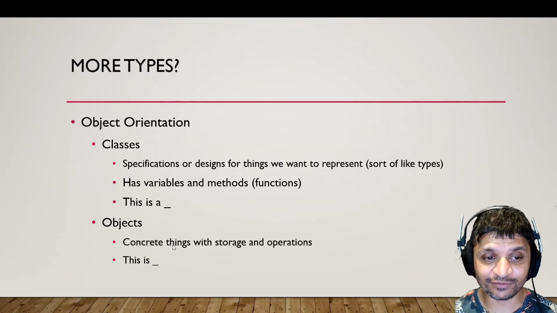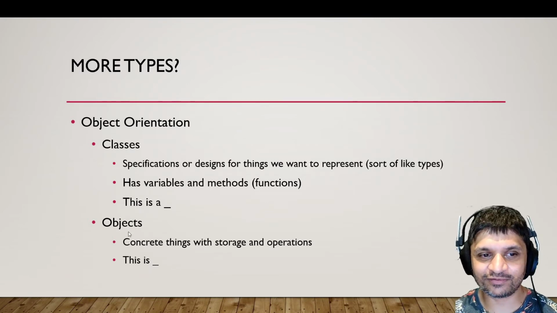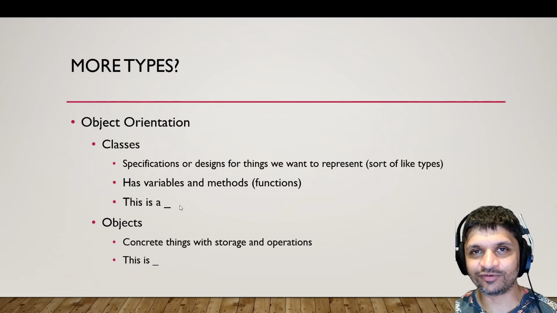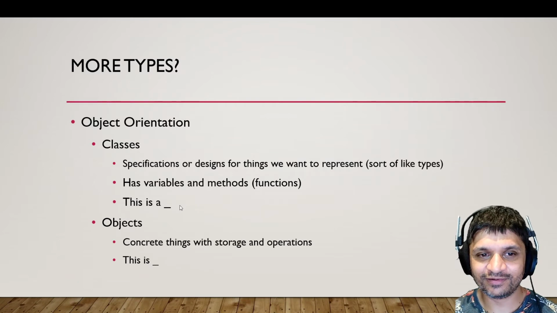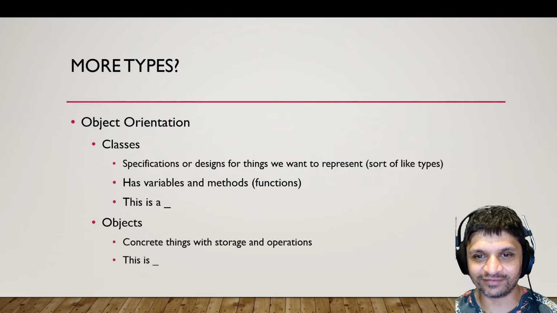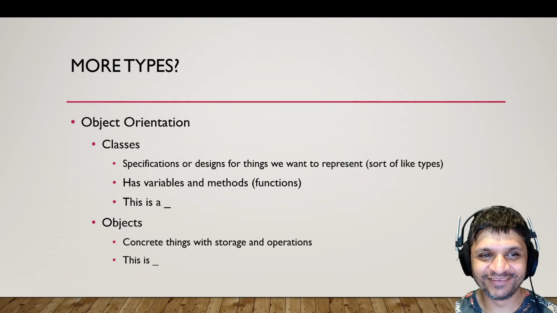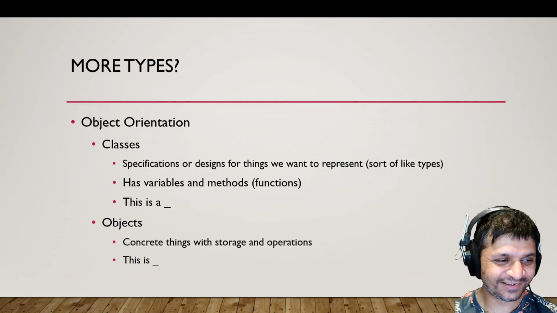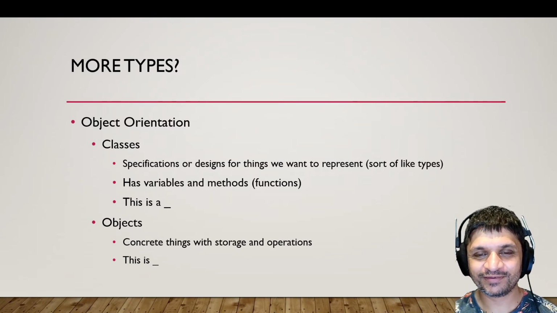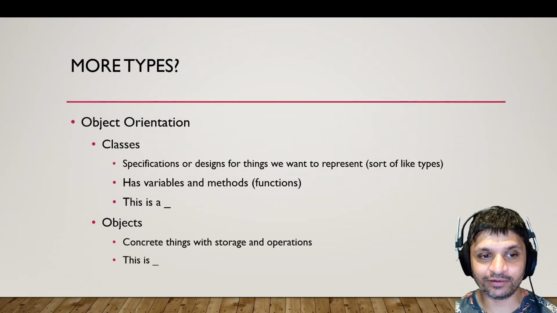So Pravesh's Toyota is this sort of concrete object. It's something that exists in the world, whereas Toyota is almost like a conceptual thing. It's not a physical thing where you could say "this is Toyota." I guess the analogy isn't perfect. But yeah, that's the difference between classes and objects.